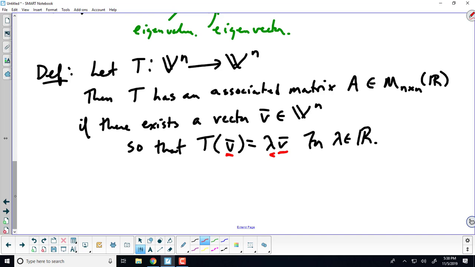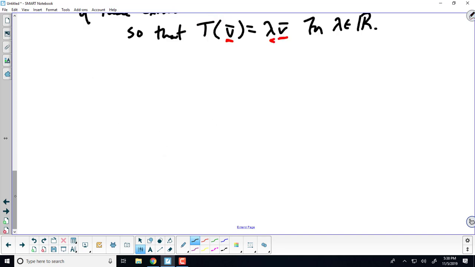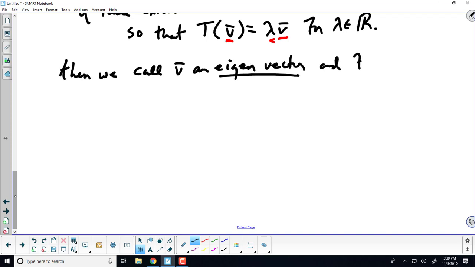Then we call V an eigenvector, and lambda its eigenvalue. They're related, they're tied together.